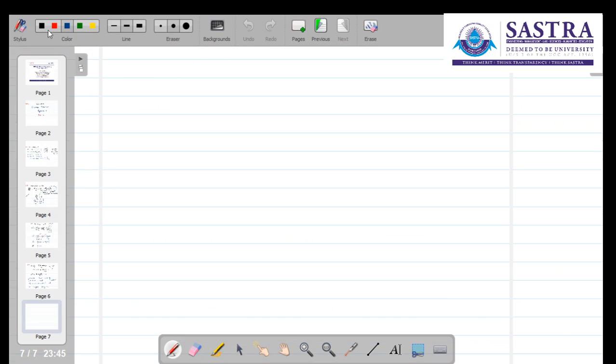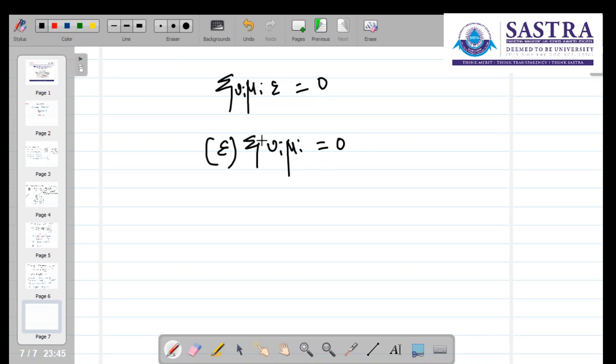So we can write this expression as the extent of reaction, xi, times the summation of nu_i into the chemical potential of the system.